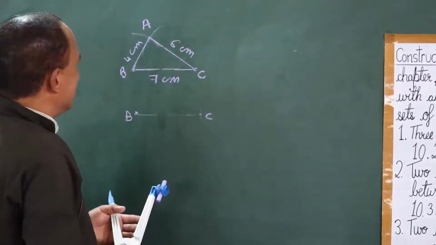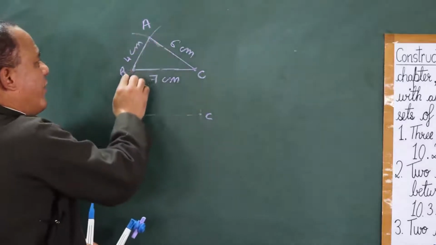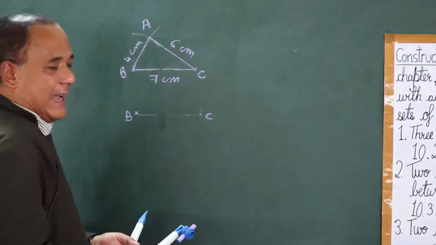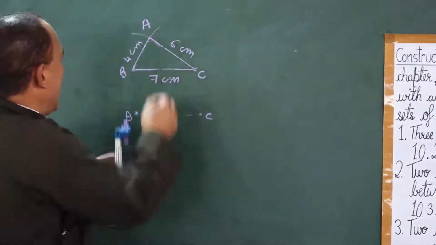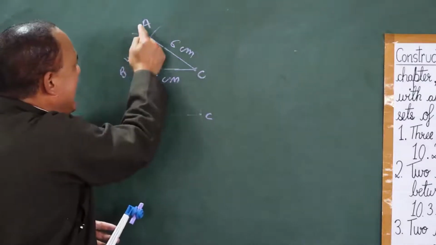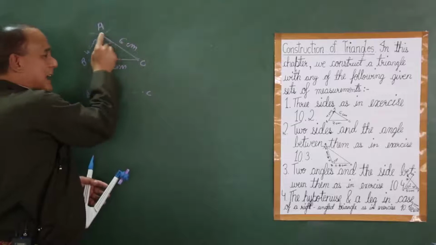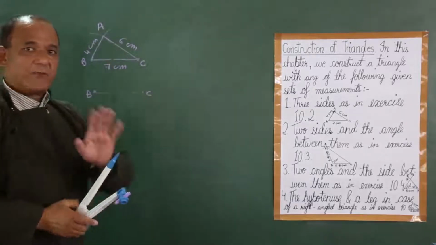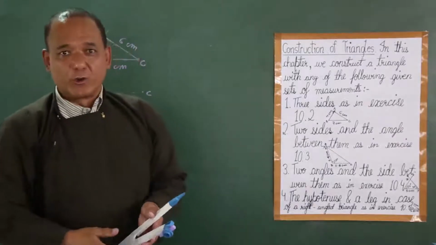Fourth step, the point of intersection of the two arcs is A, so mark A. And in the fifth step, we can say join AB and AC. And then you write the markings there, 6 centimeters, 4 centimeters. So in 5 steps, or in 4 steps, whatever you want, I covered this.